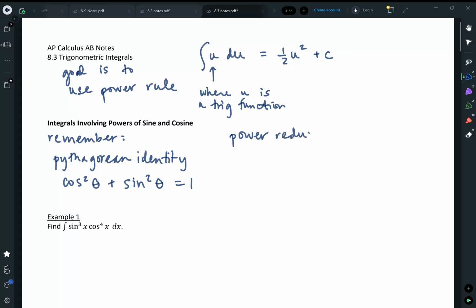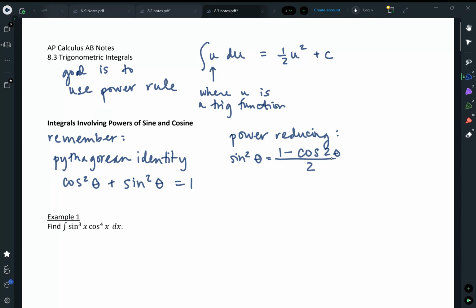And then for power reducing, these I think we've used maybe once or twice this year. So this is going back to pre-calc. If we have sine squared theta, that's going to be 1 minus cosine of 2 theta over 2. So it changes from sine to cosine, right?